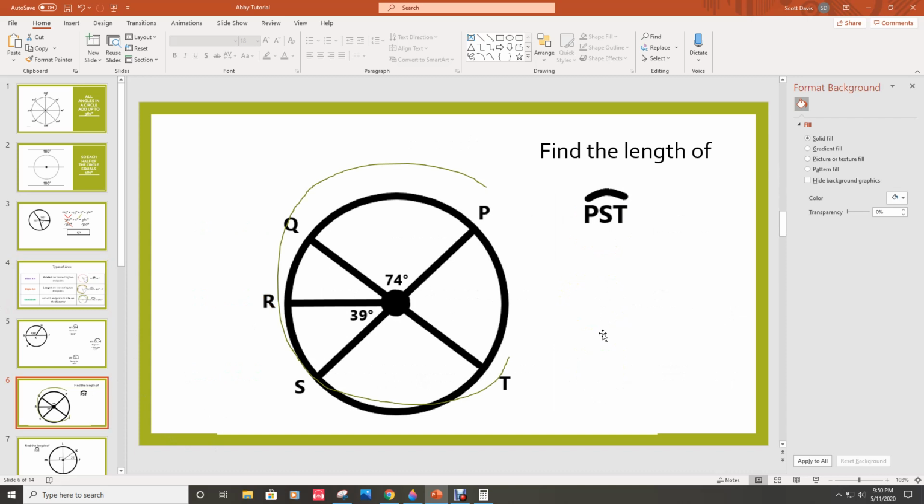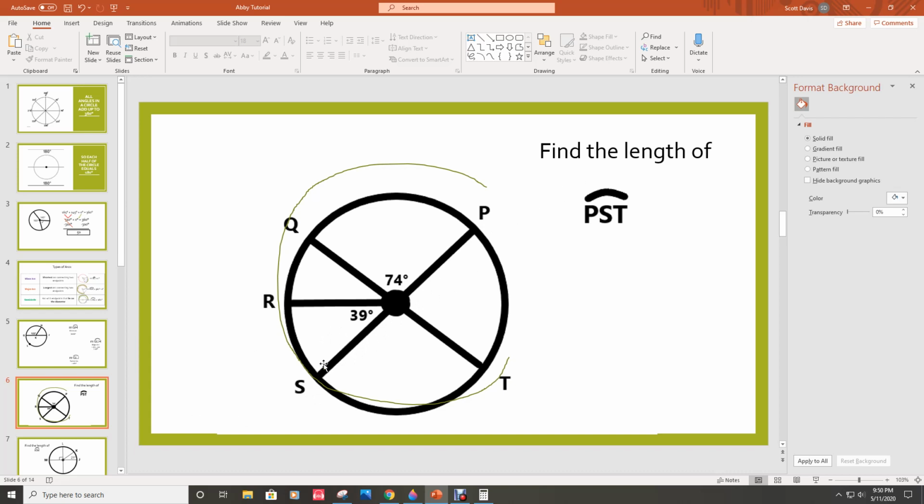Let's see. Do we have enough stuff to figure that out? Well, not quite. We're missing something right here, aren't we? That's probably going to help us. So, to find this out, we have this right here that's cut in half, don't we? P and S, this diameter here.